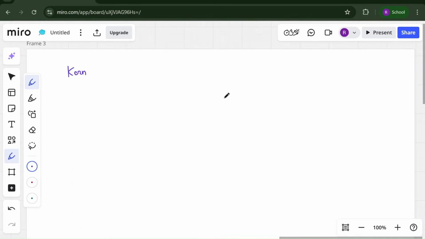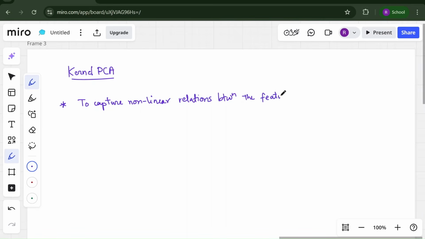Let's continue with kernel PCA. So first of all, why kernel PCA? Because we want to capture non-linear relations between the features.